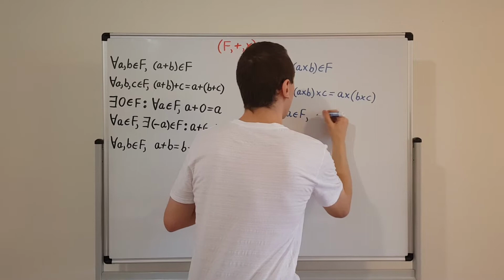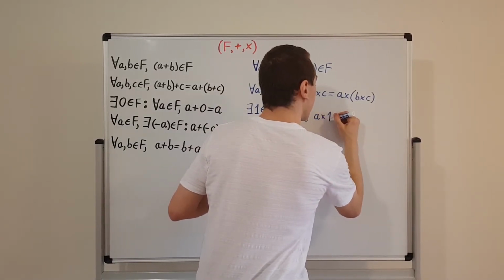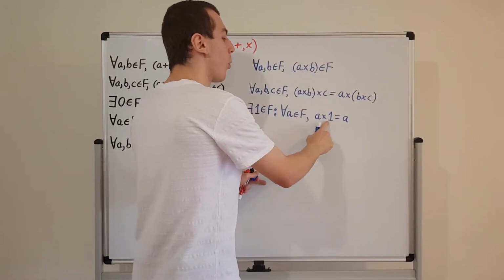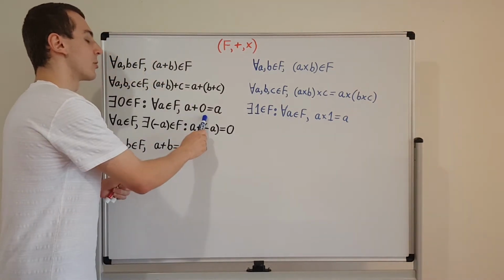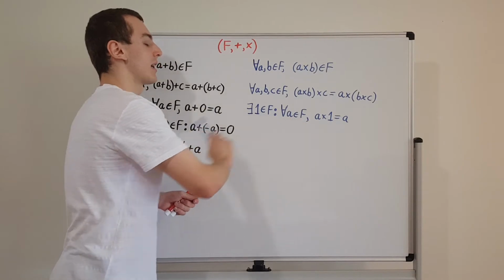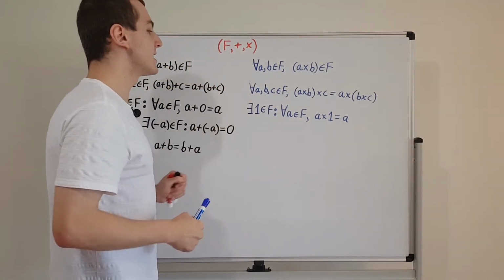I want any element a in the field multiplied by 1 to be equal to that element. So multiplication by 1 doesn't change the element. This is analogous to addition by 0. So addition by 0 and multiplication by 1 have the same effect. They don't change the element. So that is the property of the identity element.